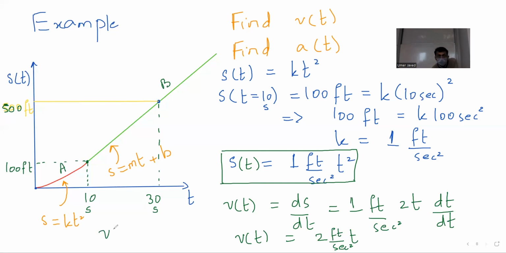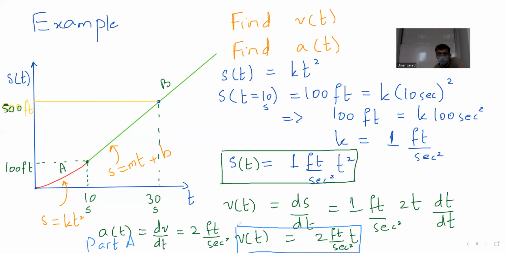Now tell me, the acceleration will be dv by dt, right? Equal to, what will be the answer? 2. Okay, 2 feet per second square. Okay, let me go step by step. This is for part A or part B? Part A, right? Part A of the journey. Where is the velocity? This one.